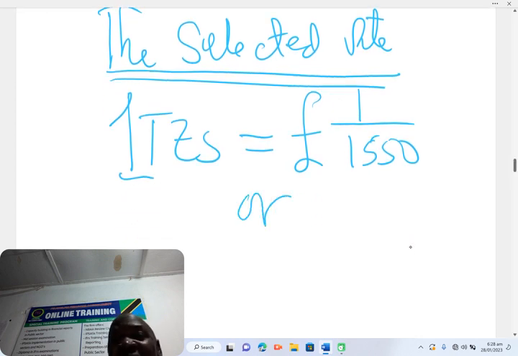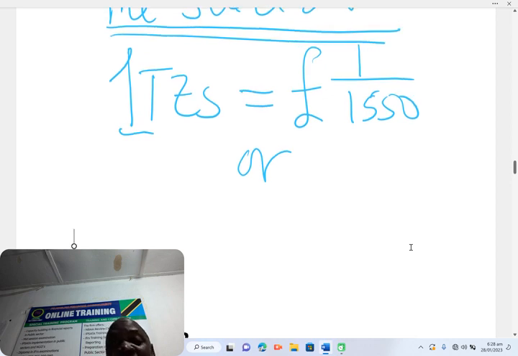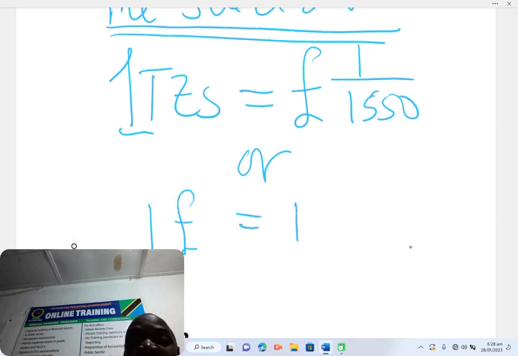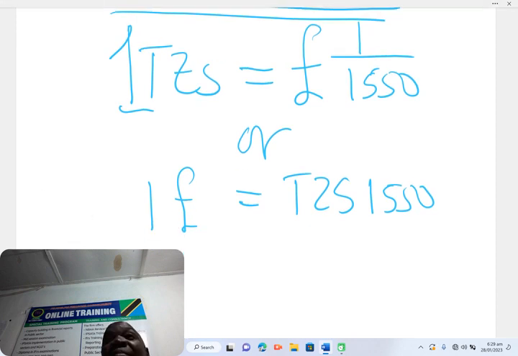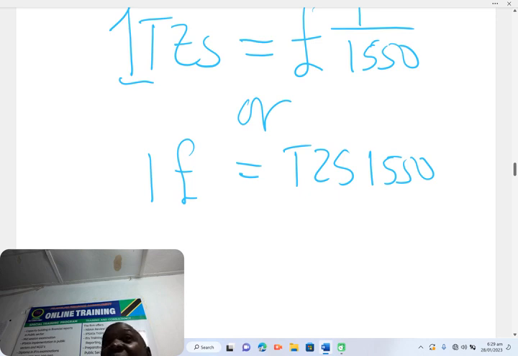Or, simplifying this one, we could say 1 pound equals Tanzanian shillings 1550. They are the same, isn't it? From mathematics, the two rates are the same. If you simplify the above rate, you get the next rate. So these are the selected rates. Any problem from there?